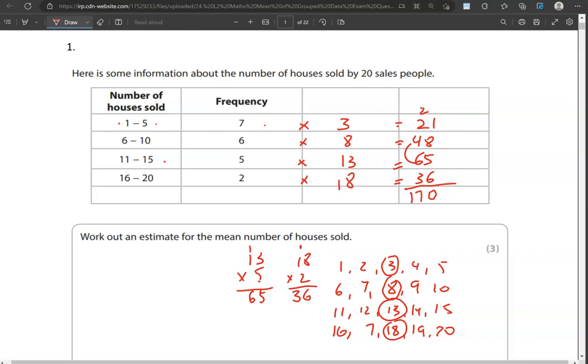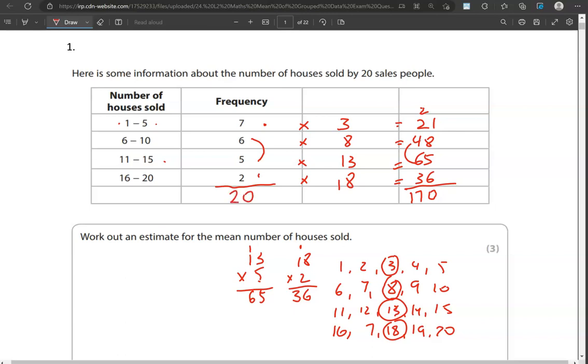So that total of all the numbers is 170. We need to divide by how many there are now. And what tells us that? That's the frequency. So we've got 6 and 5, which is 11. 11 and the 7, that is 18. And the 2, that is 20.